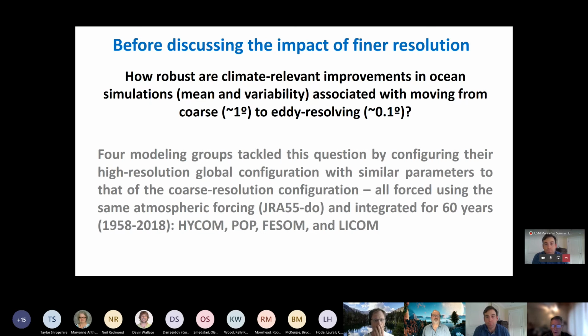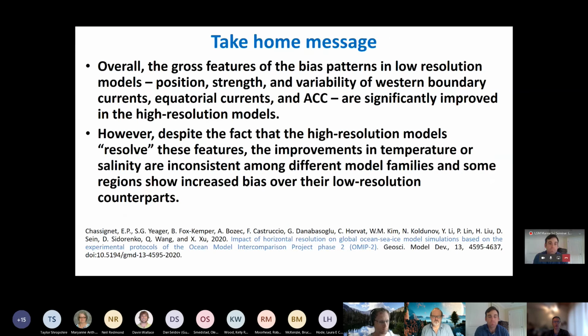The models that took part are HYCOM, the hybrid coordinate ocean model that forms the base of the NRL GOFS; POP, the NCAR model; the German model; and LICOM, the Chinese model. So I'm not going to go into the detail. This paper was just published about a month ago. The reference is here at the bottom.